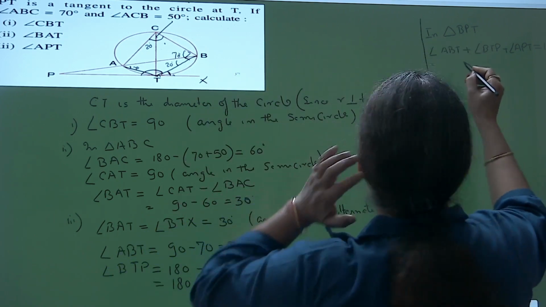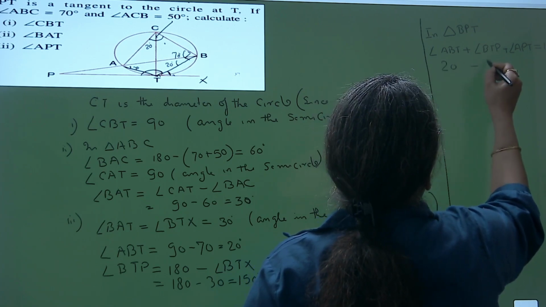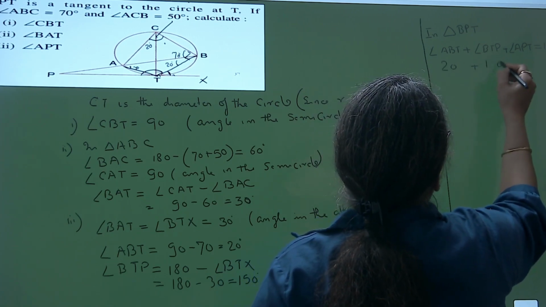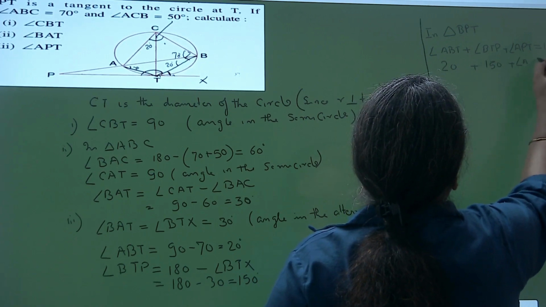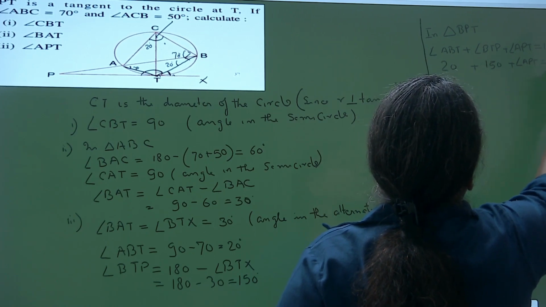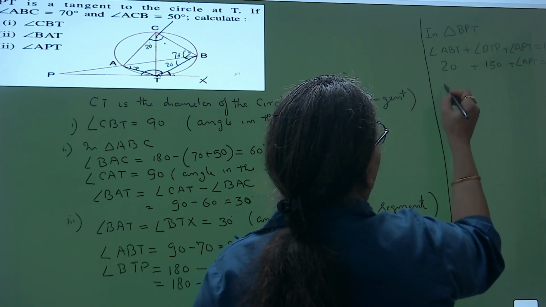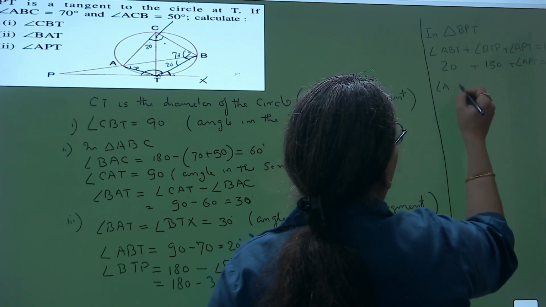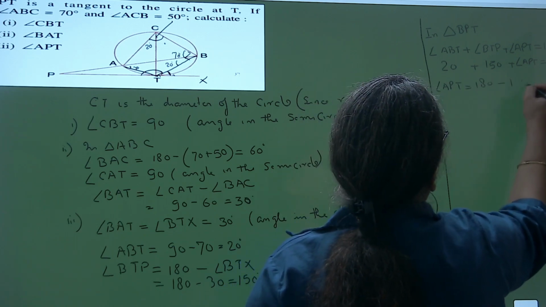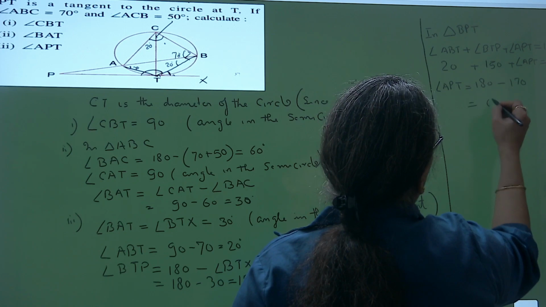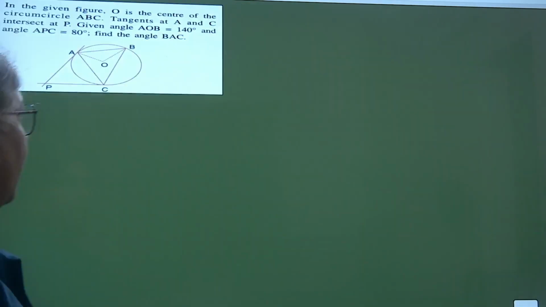Now we know ABT is 20, this is 150, plus angle APT is equal to 180. So angle APT is equal to 180 minus 170, that is 10 degrees. This is your answer.